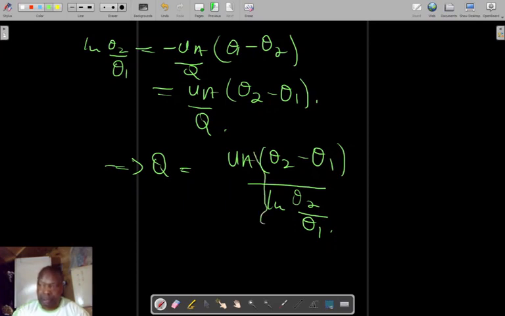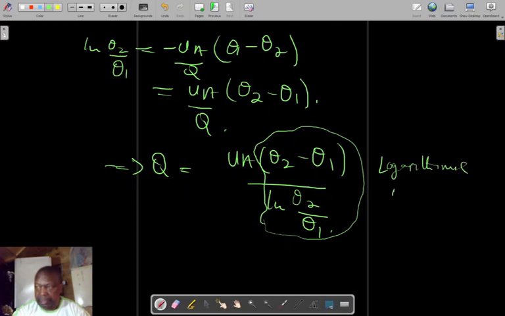And this is what we refer to as the logarithmic mean temperature difference, abbreviated LMTD.